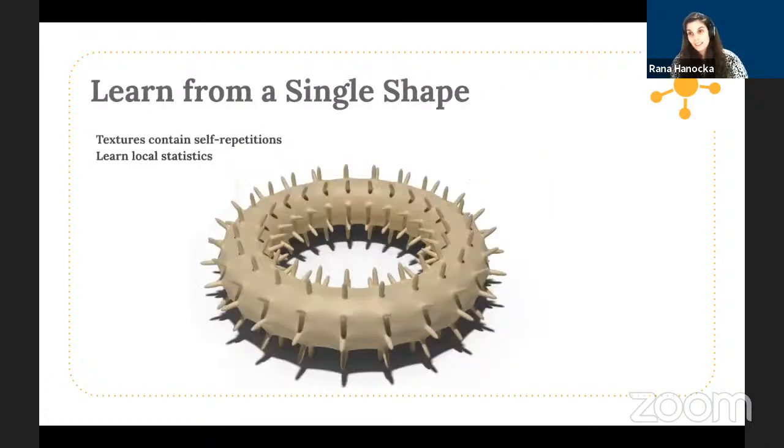So like in our previous work and like all the works in this talk, we want to train a deep neural network to learn the geometric textures from a single exemplar. And this seems tricky, right? Because we don't have a large collection of shapes which all contain the same geometric texture. But there are actually a lot of self-repetitions in textures, where local neighborhoods contain similar statistics.